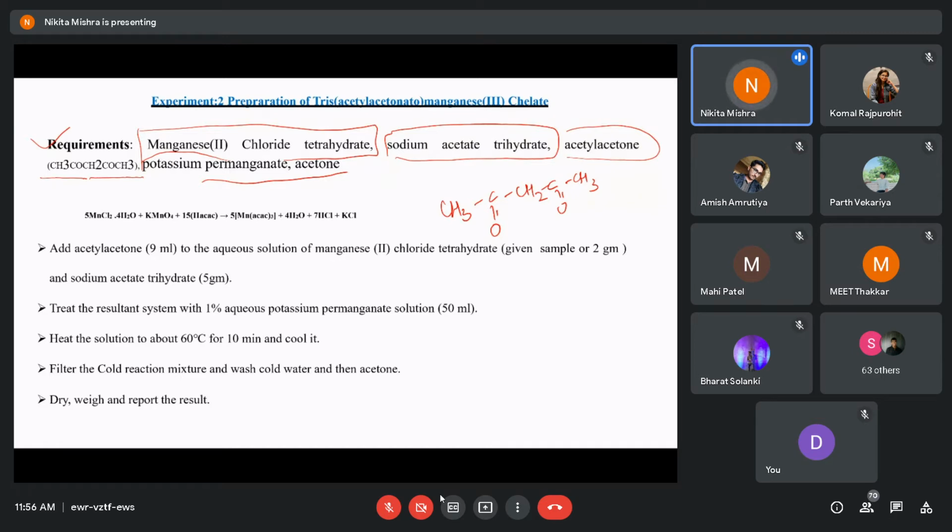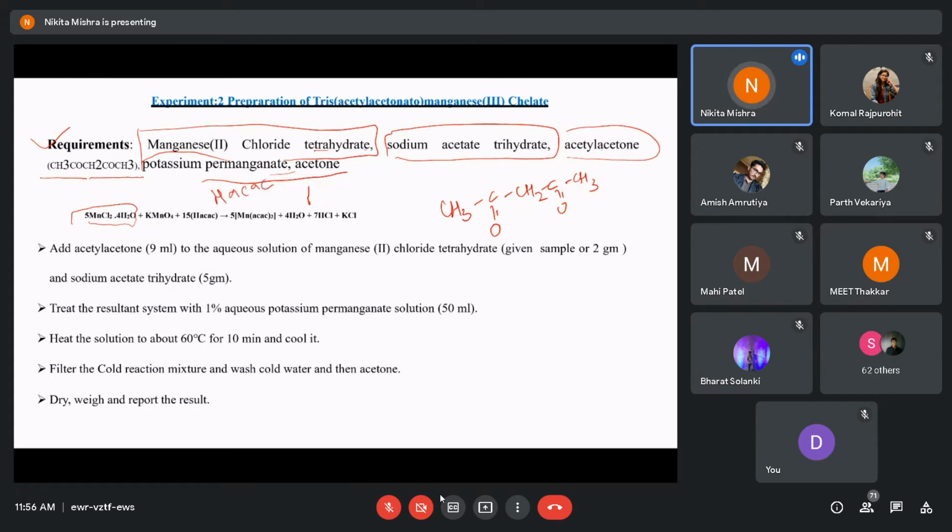So here is the general reaction which is written. Manganese chloride, that is MnCl2, and tetrahydrate is written, so 4H2O, in the presence of KMnO4, that is potassium permanganate, and in the presence of acetylacetone, which is written as HAc.